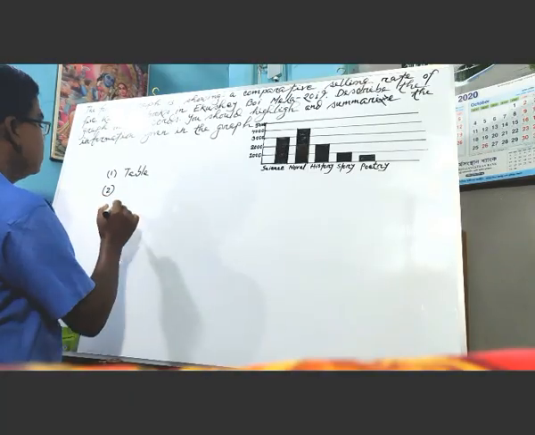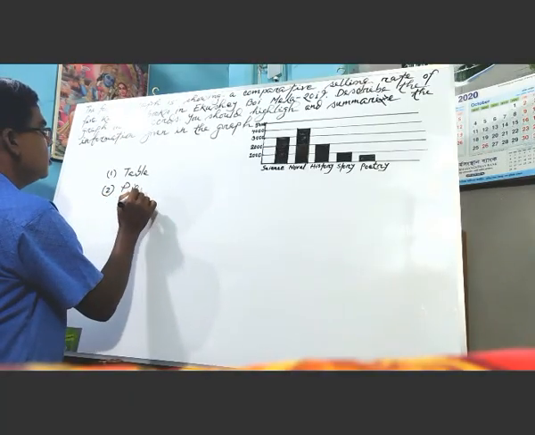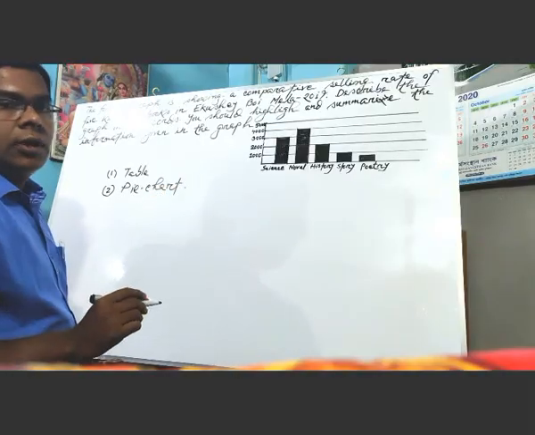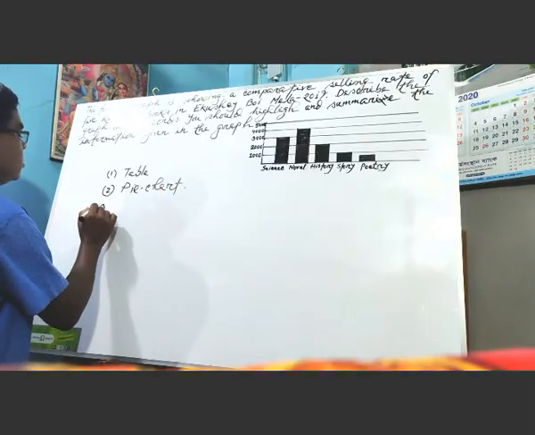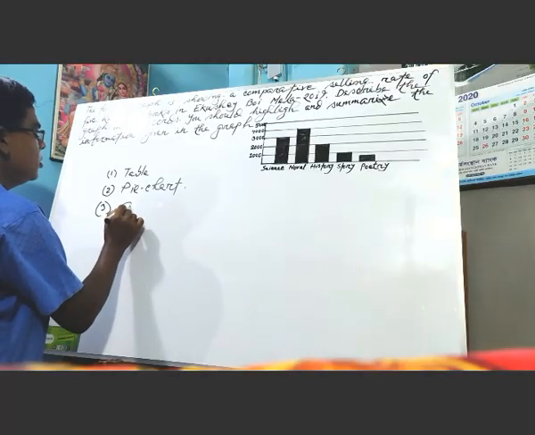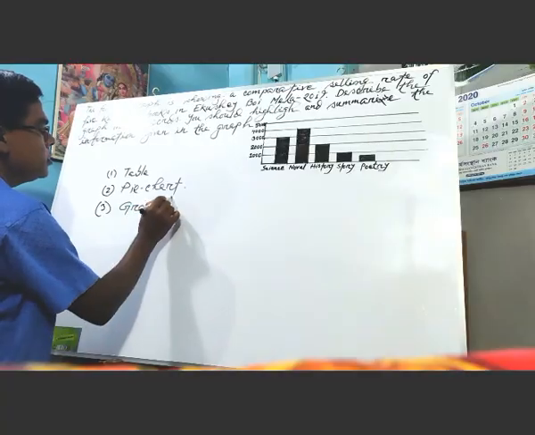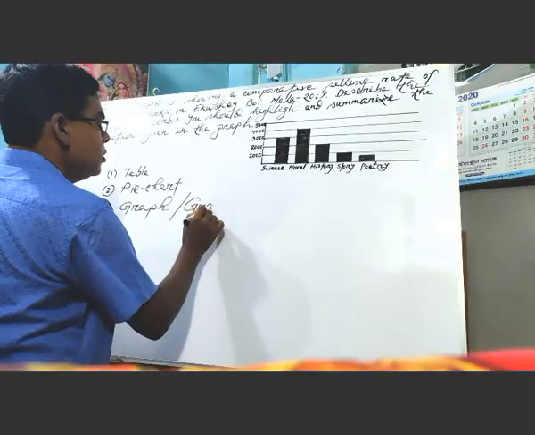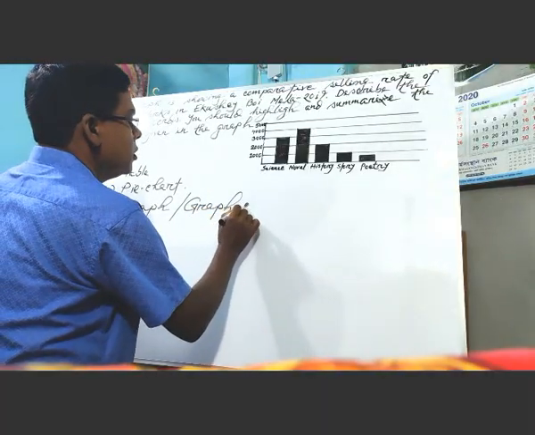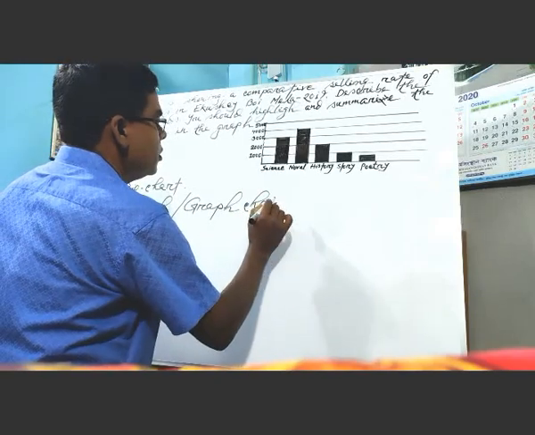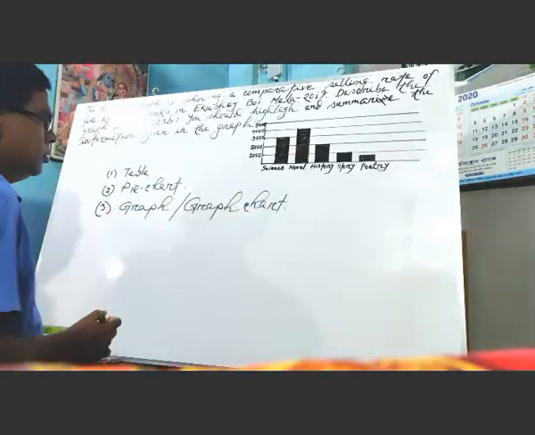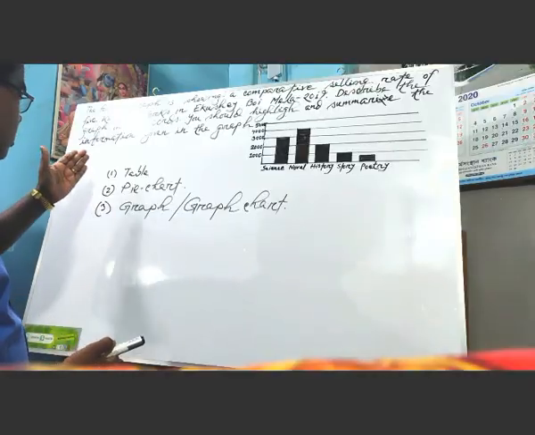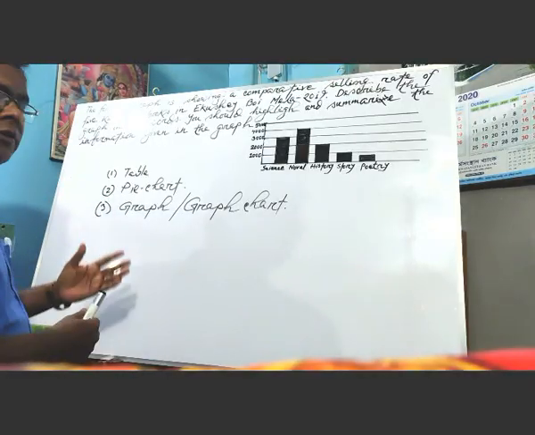Two is pie chart, and number three is graph chart. Okay, students. In fact, at the question of chart, these are the three, and they are very much important for you.